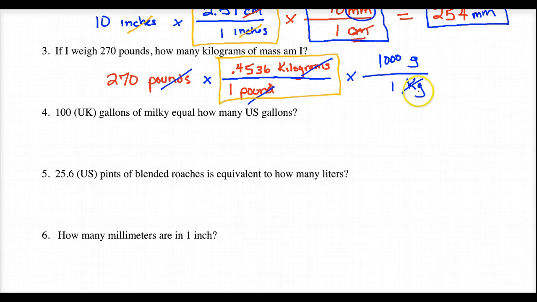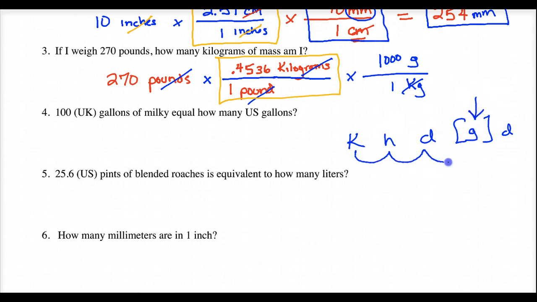Kilogram's a bigger unit. King Henry died drinking chocolate milk, but this would be the gram. Gram goes in there. It's the mass unit. So kilo is 1,000 times bigger than a gram. It takes 1,000 of them, so the small unit gets the bigger number, and that's how you would do it.